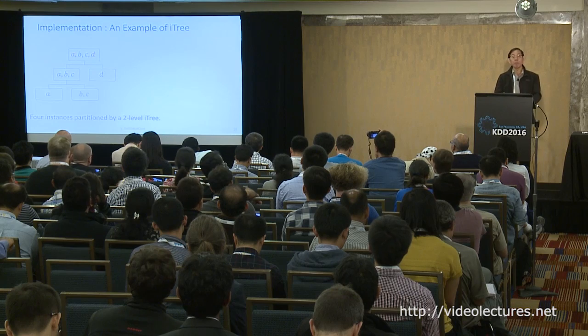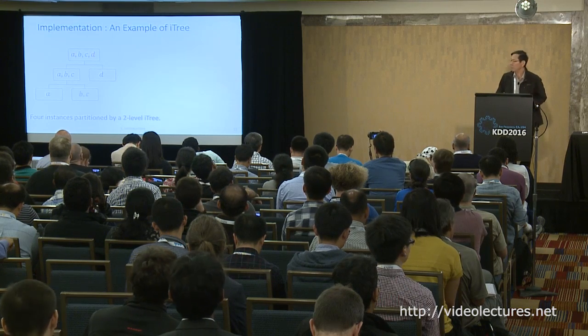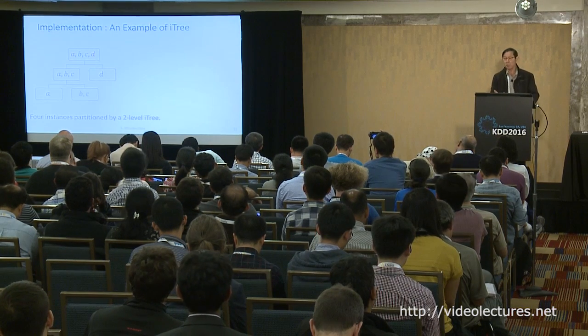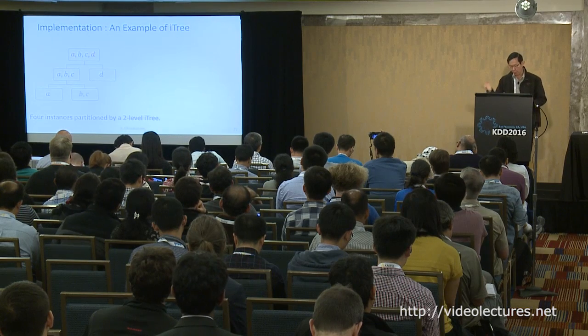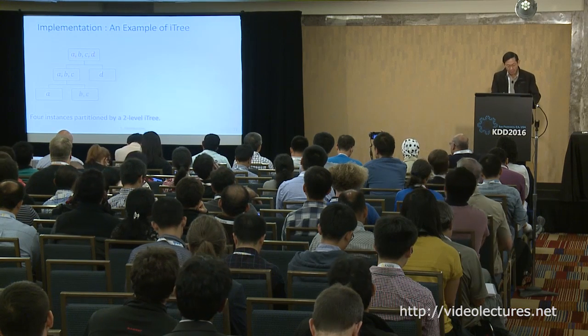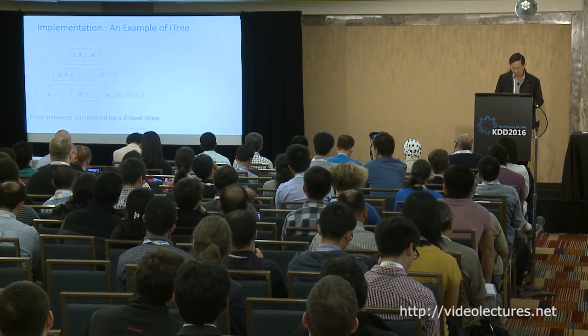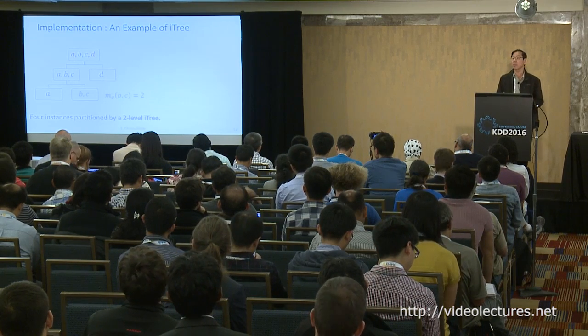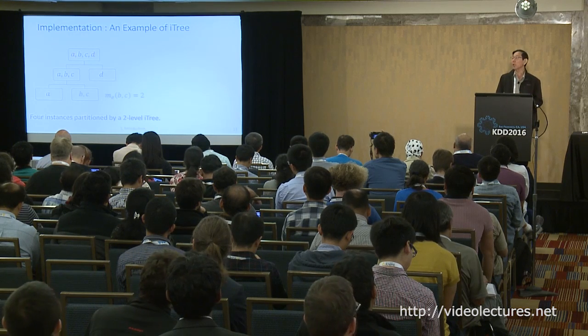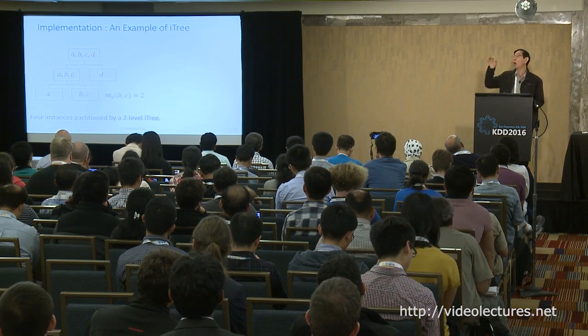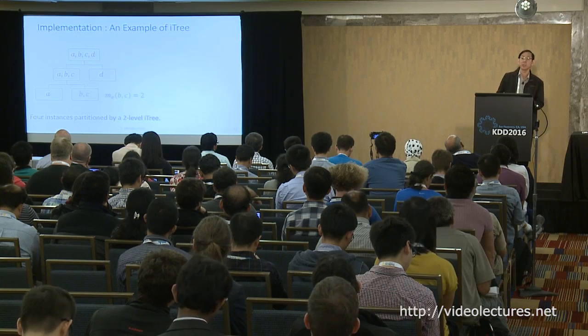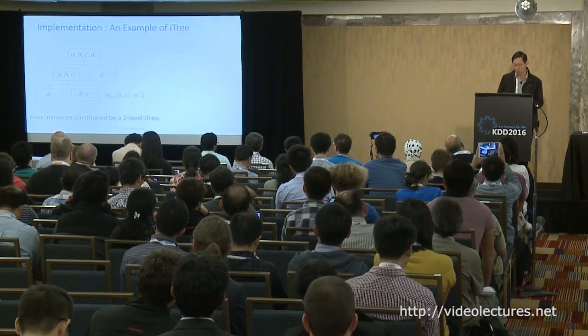Now, this is a graphical example of an iTree. Let's say you already built a tree, and there are 4 examples in here. Now you want to find out the similarity of B and C. In this case, the node here is the smallest, the lowest node that covers B and C. So in this case, the mass will be 2.